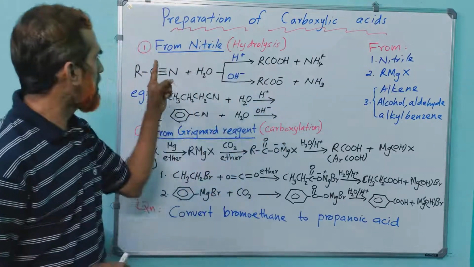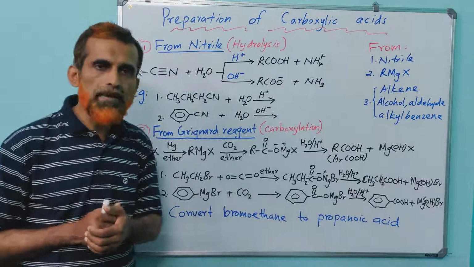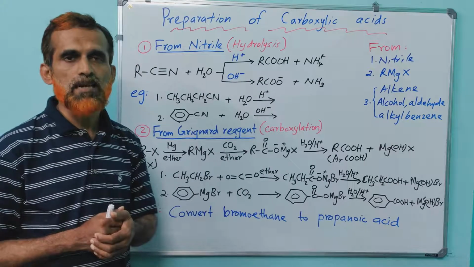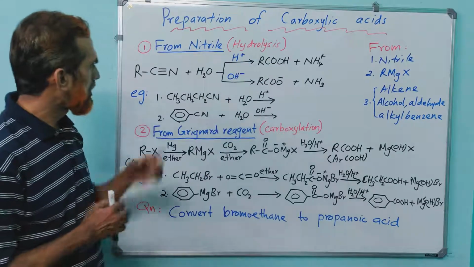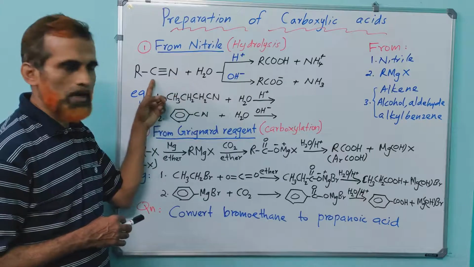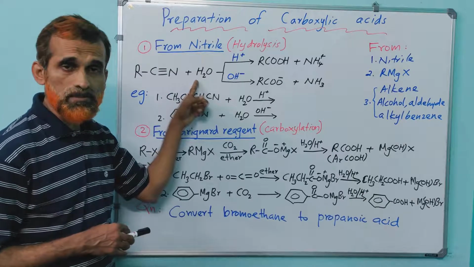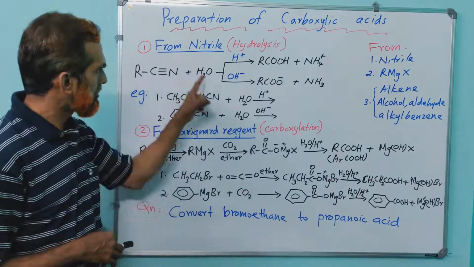Starting with the first one, from nitrile or cyanide we can prepare carboxylic acid very easily by simple hydrolysis. So RCN, nitrile or cyanide, on hydrolysis. Hydrolysis means split with water.